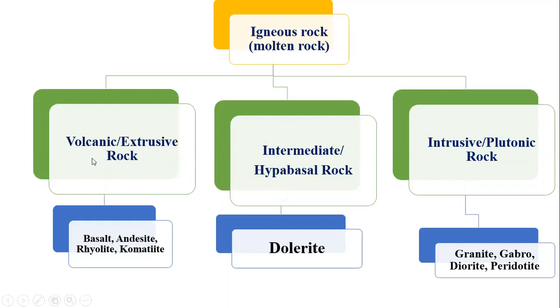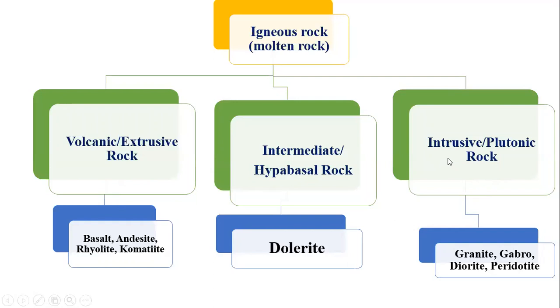They are formed as a result of cooling or solidification of lava. When the magma or lava erupts to the surface, the cooling lava results in the formation of volcanic or extrusive rocks. Examples of extrusive rocks include basalt, andesite, rhyolite, and komatiite.